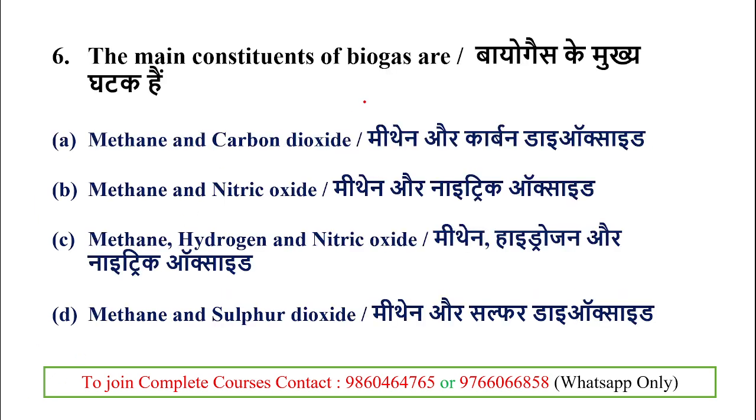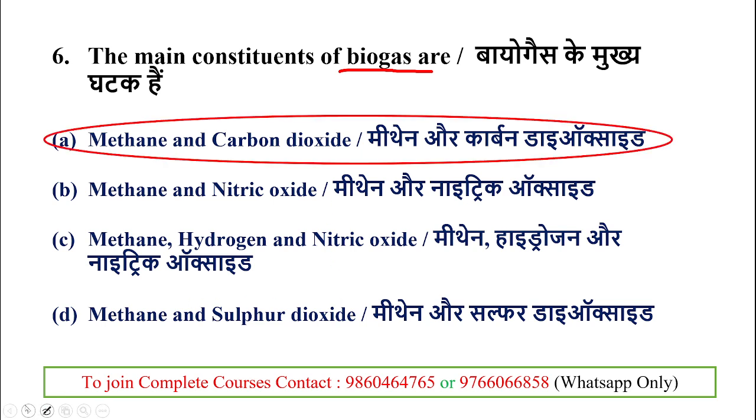Clear? And the next one: the main constituents of biogas. Here the main constituents means which gases or components biogas contains. And the answer is methane and carbon dioxide. Raw biogas typically consists of methane, that is 50 to 75%.